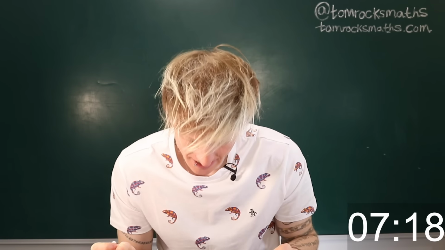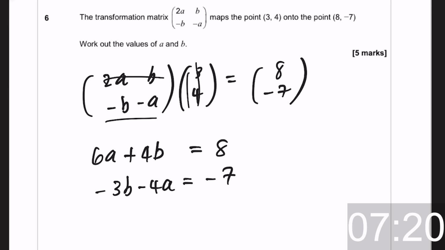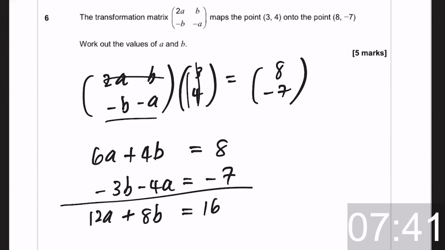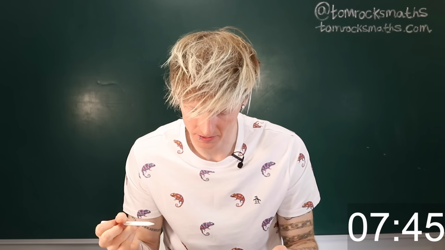Simultaneous equations. Okay, how am I going to do this one then? So let's do the first one times 2 and the second one times 3. So that's 12a plus 8b. First one times 2: 12a plus 8b is 16. And then the second one multiplied by, times 3, sorry, to make the a's add up.